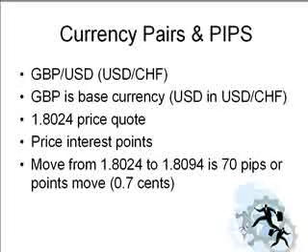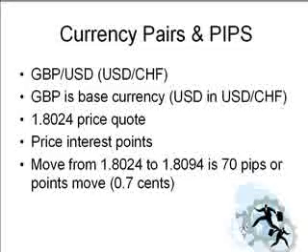When we have a currency pair, such as you can see on screen, the pound against the dollar, for example, or the dollar against the Swiss franc, we call the currency on the left hand side the base currency. So in these examples, the pound is the base currency in the first pair and the dollar is the base currency in the second pair.